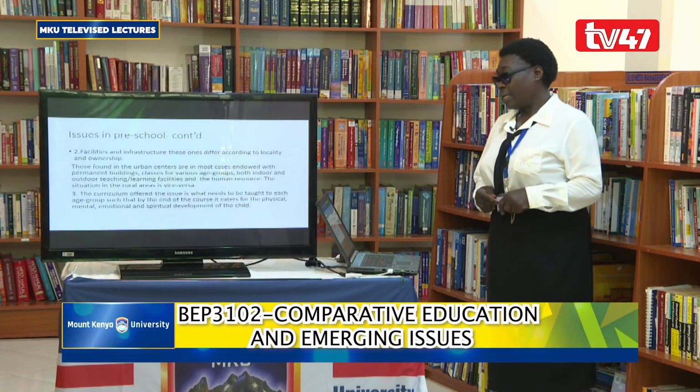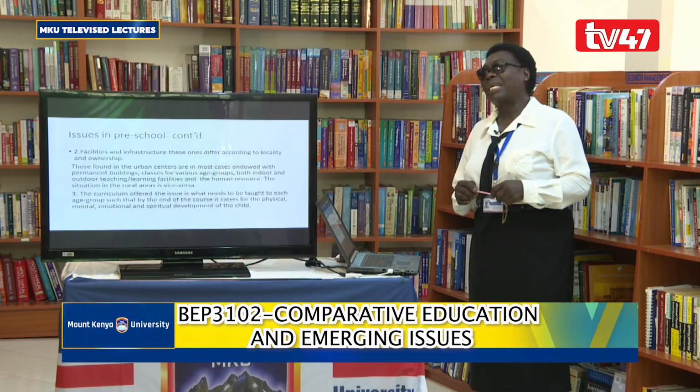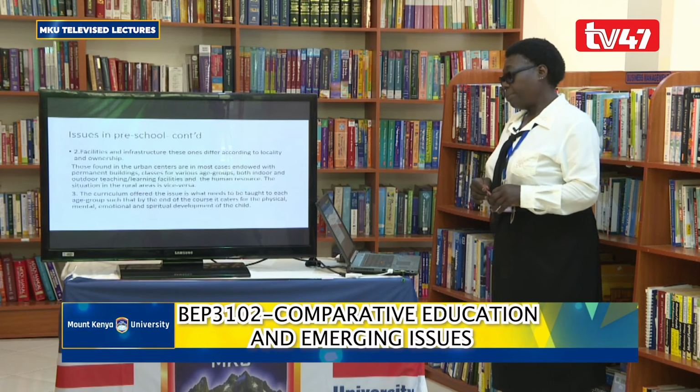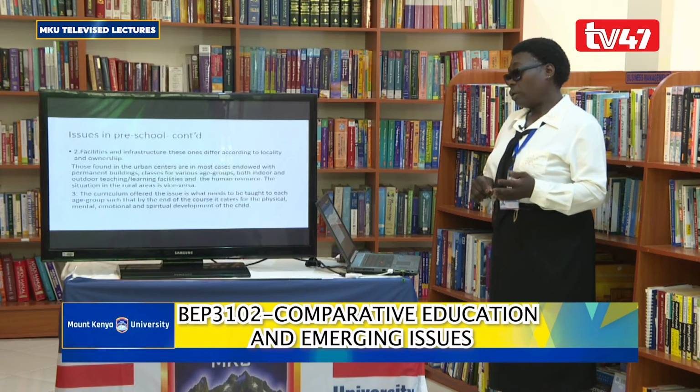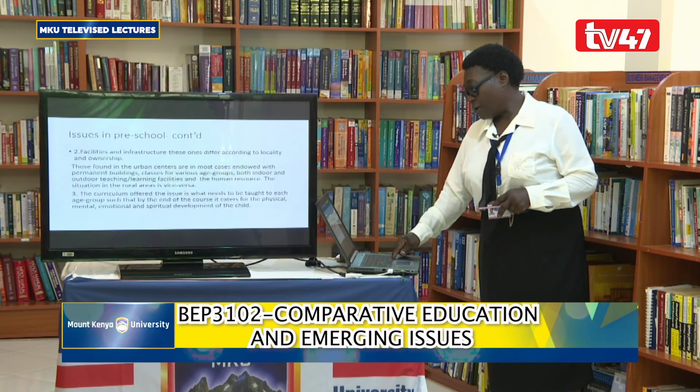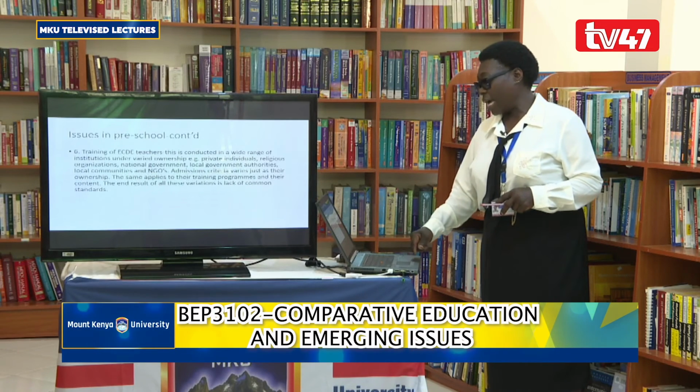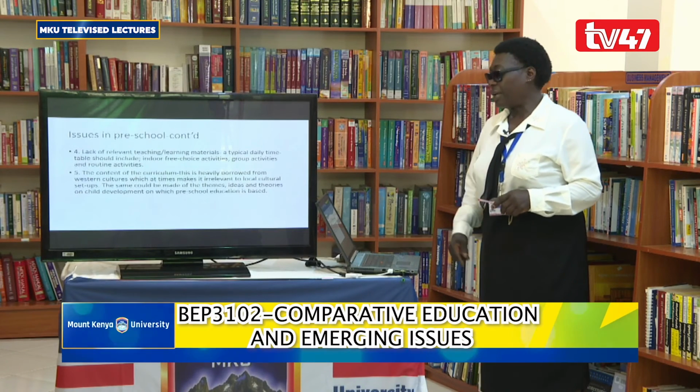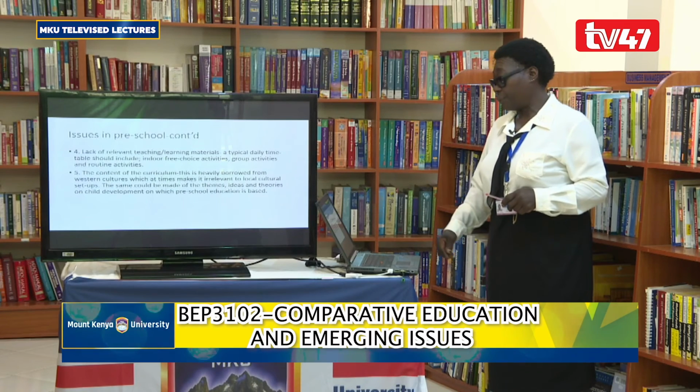And again, each group is supposed to be taken care of on their own because they have physical, mental, emotional, and spiritual development. And if one is 2 years, the other one is 5 years, of course, there are different developmental levels.